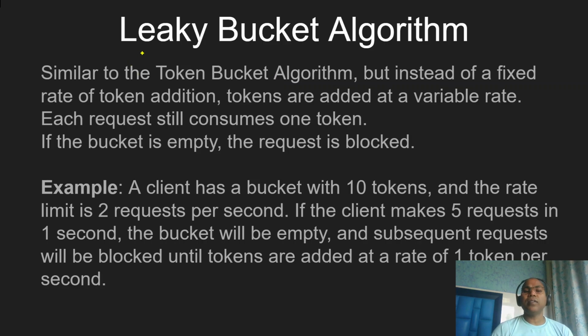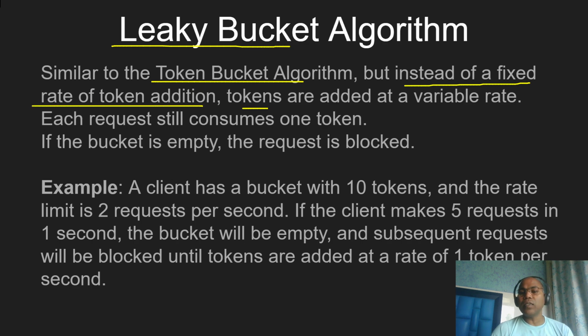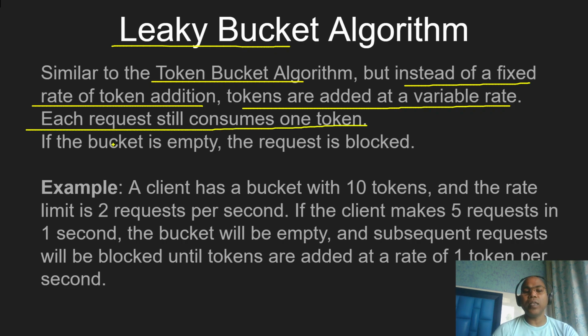Similarly, next, leaky bucket. It is similar to the token bucket algorithm, but instead of a fixed rate, tokens are added at a variable rate. Leaky means we decide not only a fixed number of requests, but it may vary. Here, the customer can still consume one token; if the bucket is empty, the request is blocked.